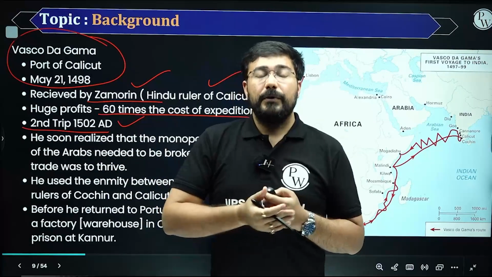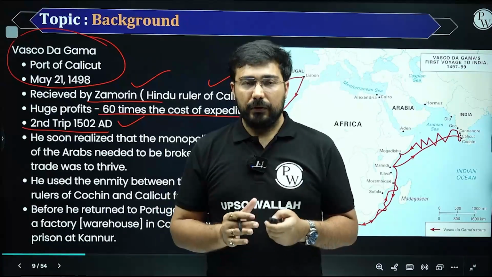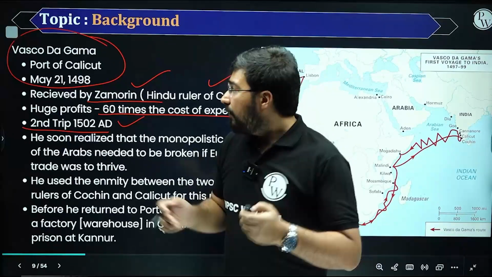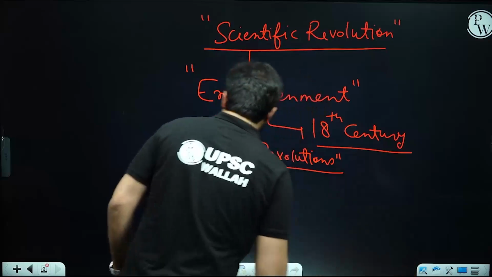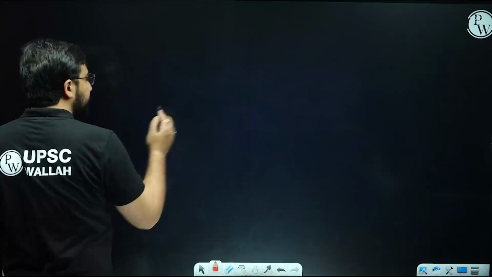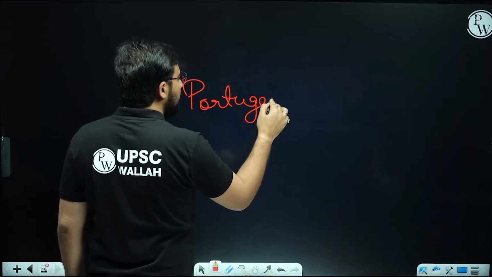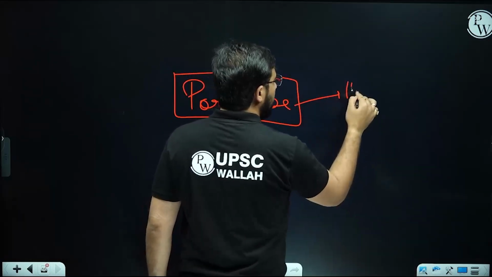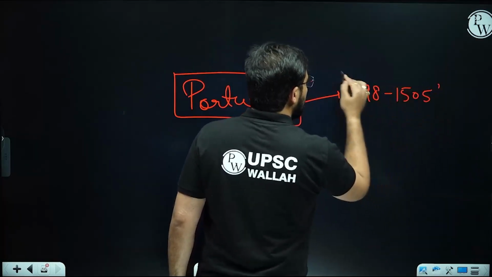So he was the person who came to India multiple times, and he played a very important role in the establishment of Portuguese rule in India. When the Portuguese came, initially they came as travelers, but over a period of time, they started establishing their system. Like the Portuguese from 1498 to 1505, it was very informal in nature.